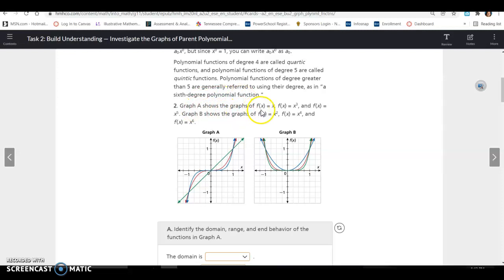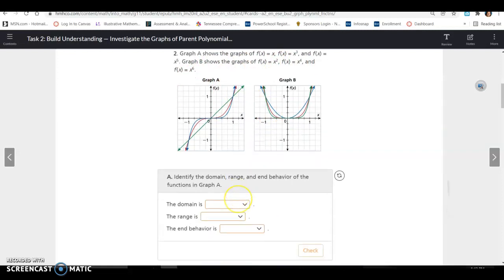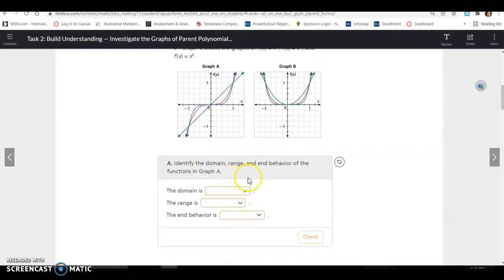Graph A shows the graph of f of x equals x, x cubed, and x to the 5th. Graph B shows x squared, x to the 4th, and x to the 6th. All right, so identify the domain, the range, and end behavior of all the functions in graph A. You can see that the domain goes left forever and right forever, so the domain is going to be all real numbers.